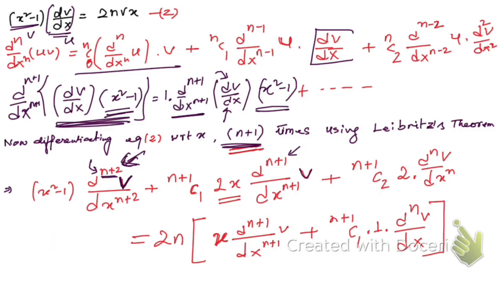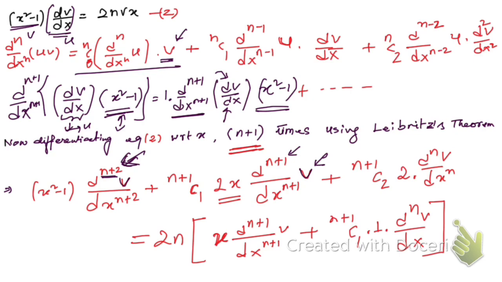Let me tell you, don't compare this v with this v that I have written in this formula, because I have considered that this part del v by del x as u, and I have considered v as this part. In this formula, this v represents x square minus 1 in this case.